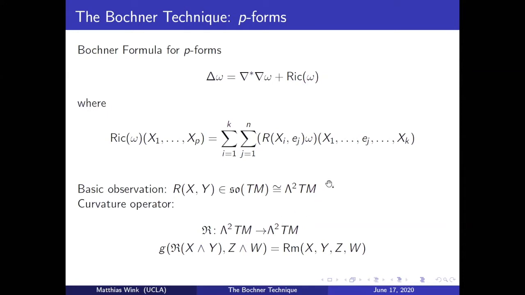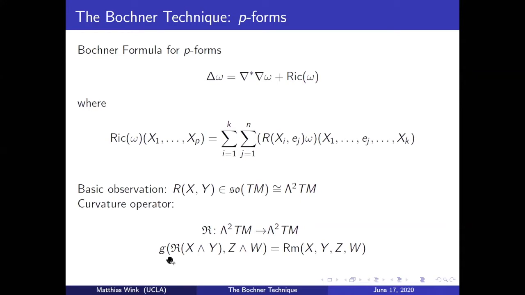And once we start thinking about wedge 2, the natural object to consider with regard to curvature is the curvature operator. So let's recall how the curvature operator was defined. Okay, we take the (0,4) tensor Rm, and we can evaluate it on x, y, z, and w.